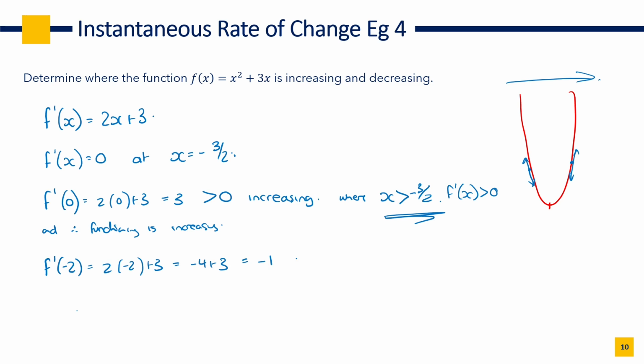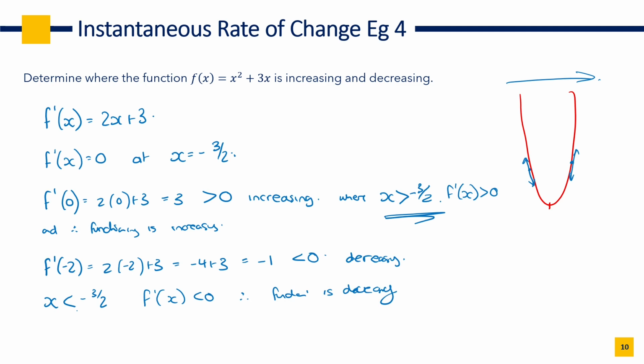And that means that it is less than 0, which is decreasing. So now we have where x is less than minus 3 upon 2, our derivative is less than 0. Therefore, the function is decreasing for anything less than minus 3 upon 2.